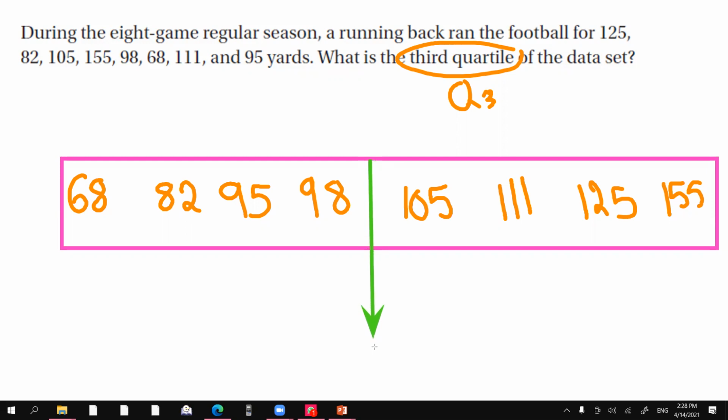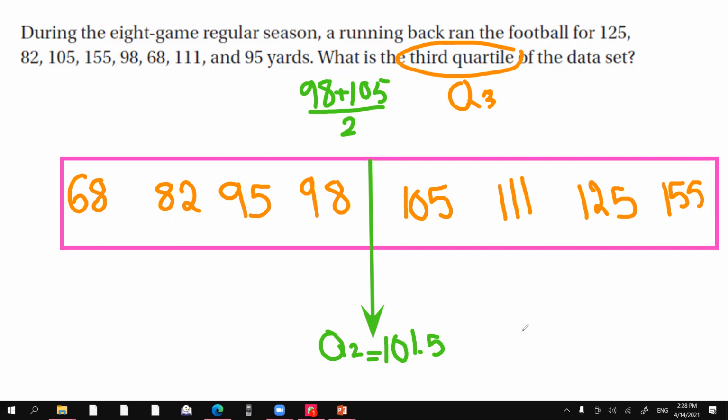So what is the Q2 now? 98 plus 105. Bravo. I will add 98 plus 105 over 2, and that is 101.5.